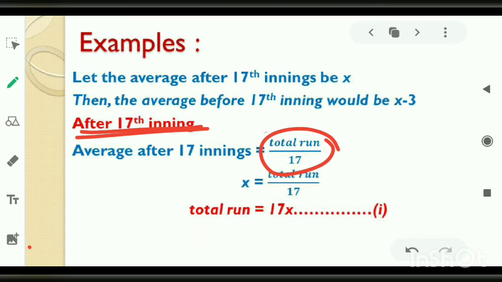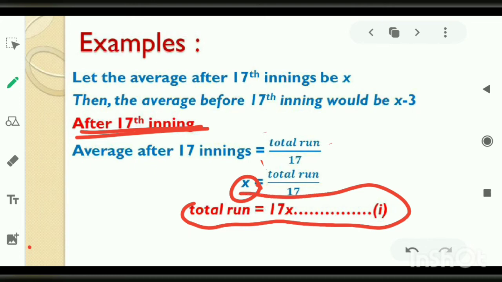We have assumed the average after the 17th inning as X, which is equal to the total runs taken by the batsman during the 17 innings divided by 17. From this we find the total runs taken by the batsman after the 17th inning as 17 into X.